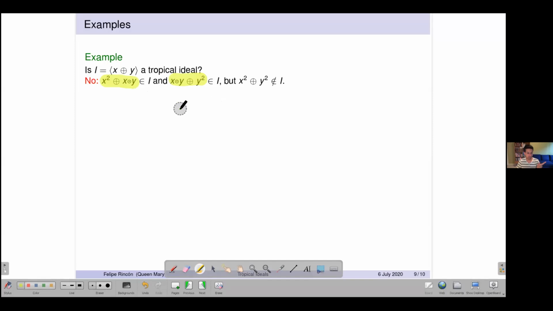So there should be some other polynomial in your ideal where this monomial doesn't exist, and it uses the monomials that remain from these two. But you would have to have x squared plus y squared, but that's not in this ideal, as we said. X squared plus y squared tropically is not a multiple of x plus y. So that's why this one is not a tropical ideal.